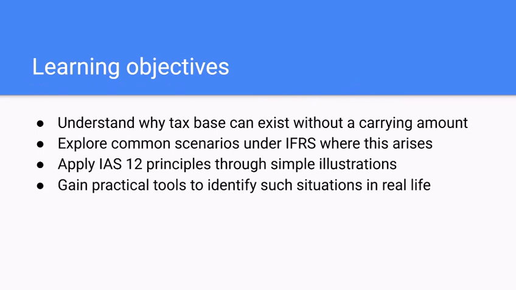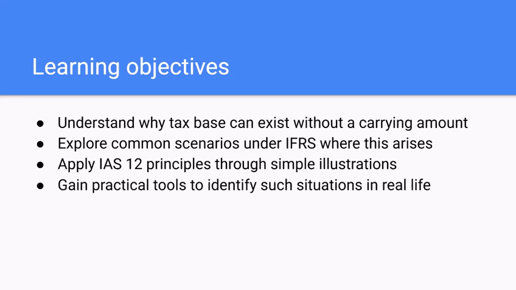For learning objectives, we want to understand why a tax base can exist even when the item does not have a current amount. I'm going to explore common scenarios under IFRS where these arise. In looking through those scenarios, I'm going to apply a set of principles, which hopefully helps you understand how to work this out on your own in your practical lives.